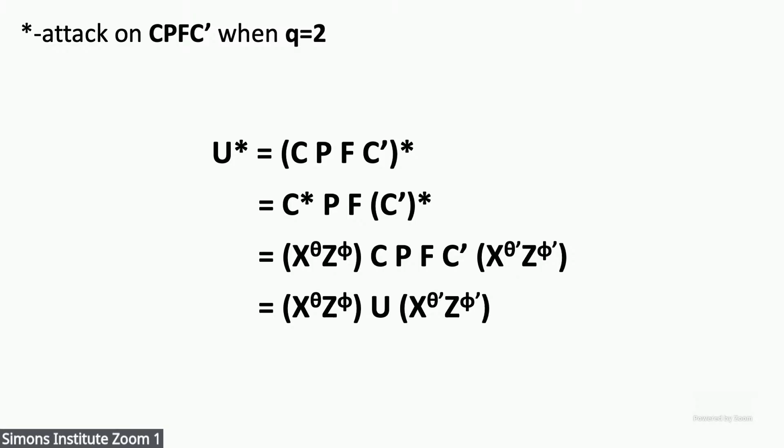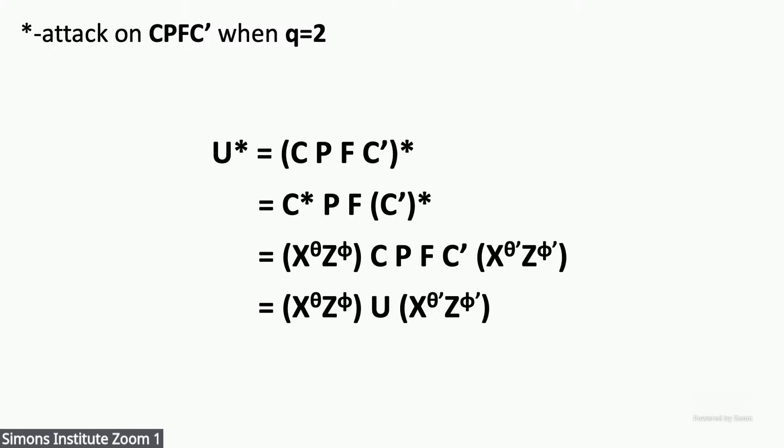And here's why. Basically, U star. So I'm giving you access to U star in addition to U. If I take the conjugate of C F P C prime, well, P and F are just classical, the real valued unitaries. So star doesn't affect them, and so I get C star P F C prime star.